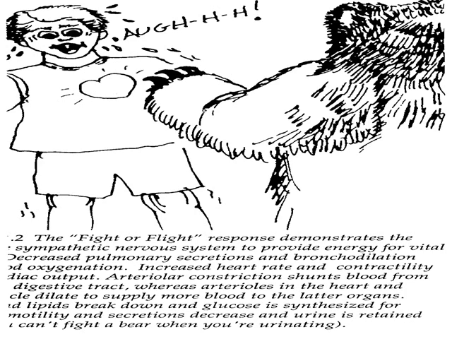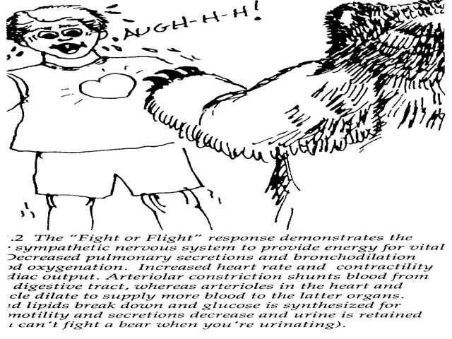You're going to get decreased pulmonary secretions and bronchodilation, which will help you breathe and get more oxygen. Heart rate and contractility go up, increasing cardiac output. Arteriolar constriction occurs, which basically shunts blood from places like the digestive tract to the muscles. The heart's blood vessels dilate. This is the things I talked about.